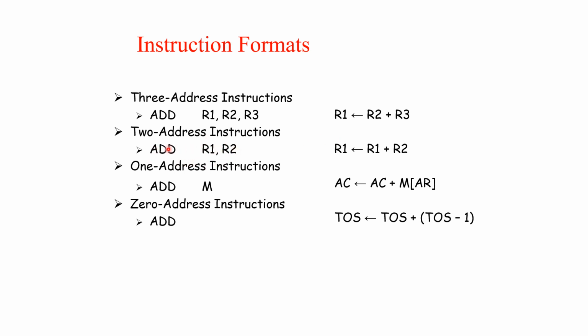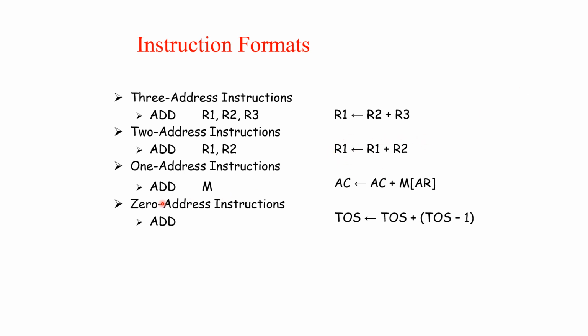For example, add R1, R2. In this instruction, the operation add specifies that the contents of R2 will be added to the contents of R1. The result of this addition will replace the original value in R1.